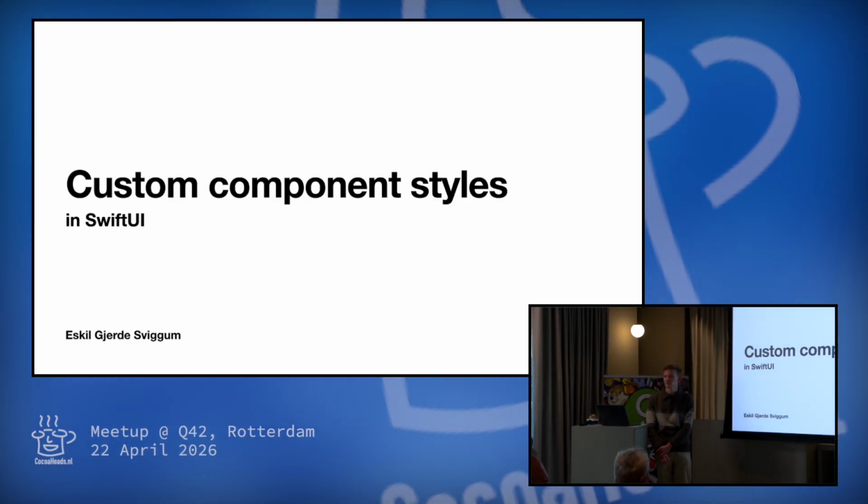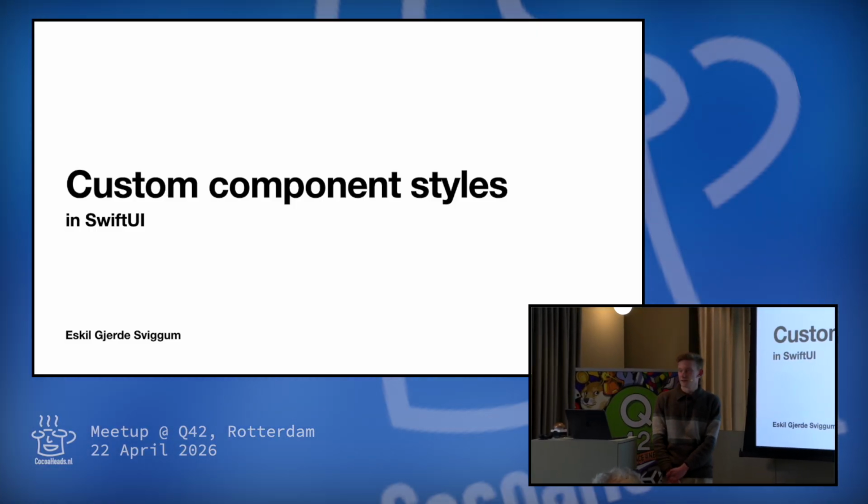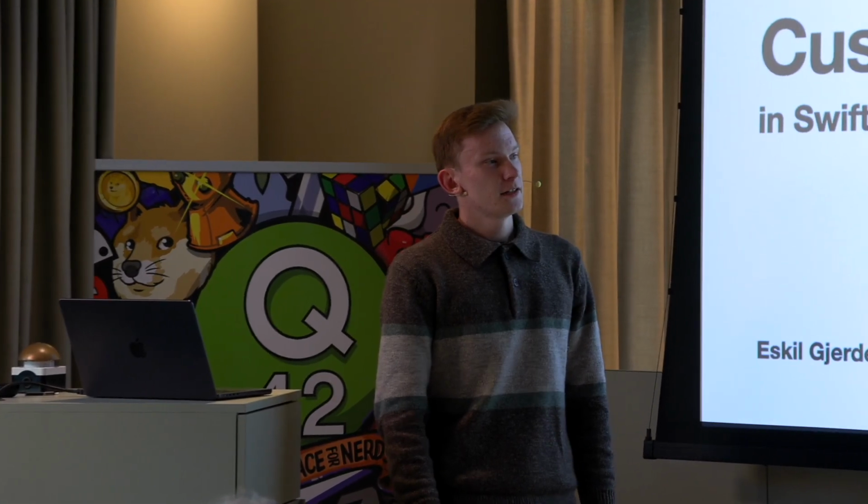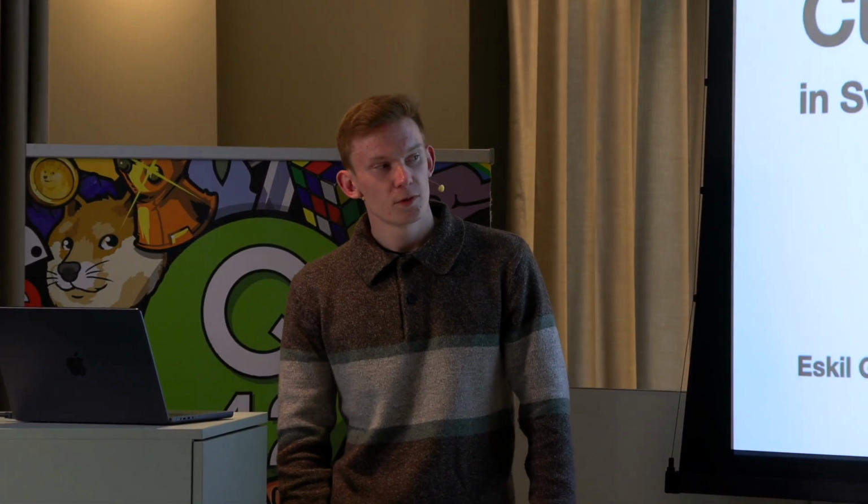Did you use them in an app, this style? So I've used part of this in different apps. Usually the problem we face is that iOS 18 is still a little too young to use as a deployment target.